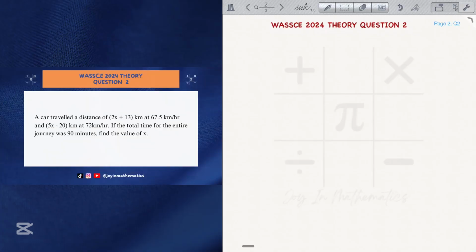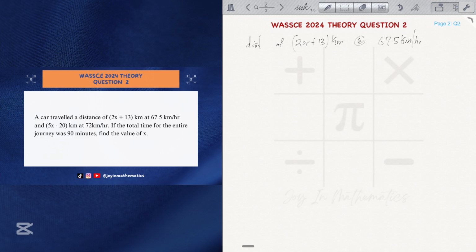Now let's proceed further to question 2. The question says, a car traveled a distance of 2x plus 13 kilometers at a speed of 67.5 kilometers per hour.